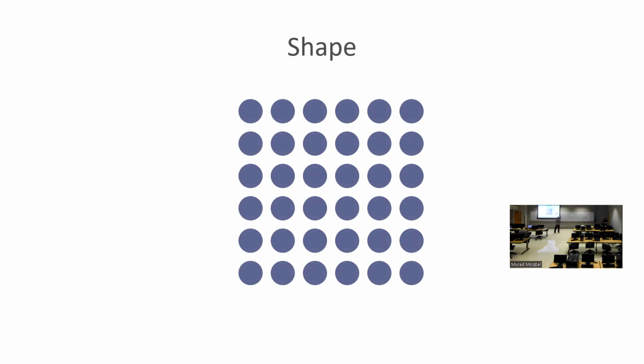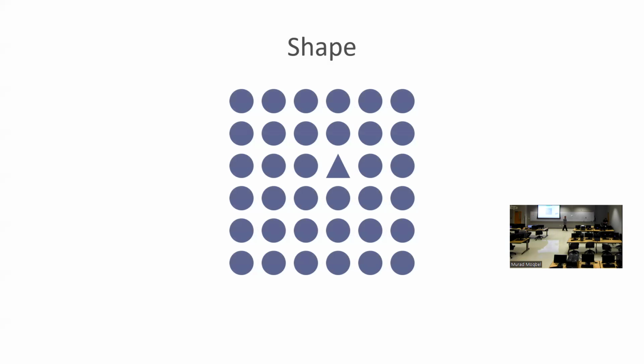So for shape, we notice that we can always spot it. And shape, as a pre-attentive attribute, we can use it to compare quantitative or qualitative variables, right? If we have qualitative variables, we can use shapes for that.